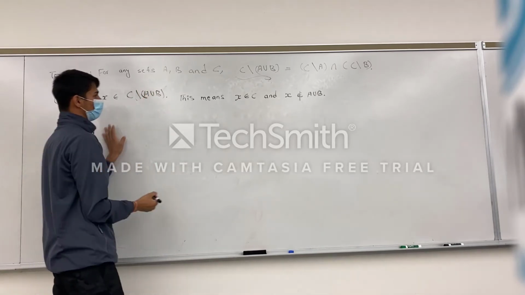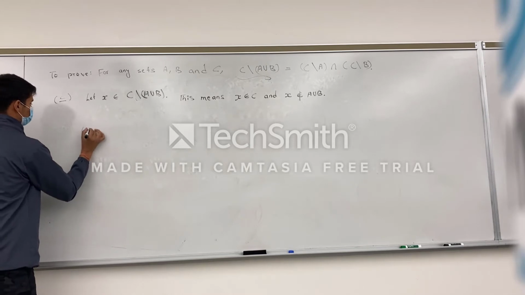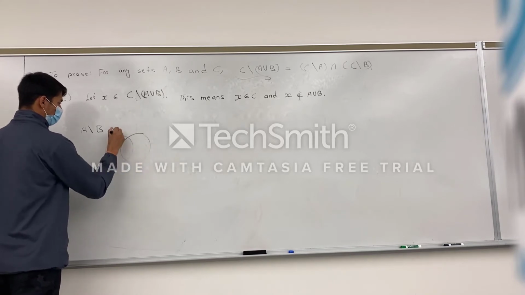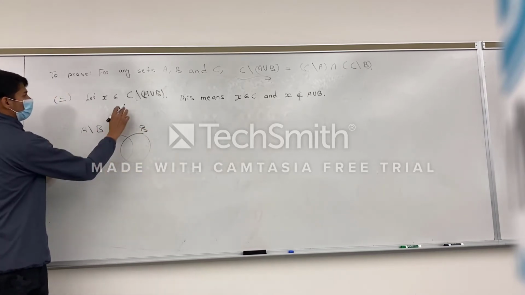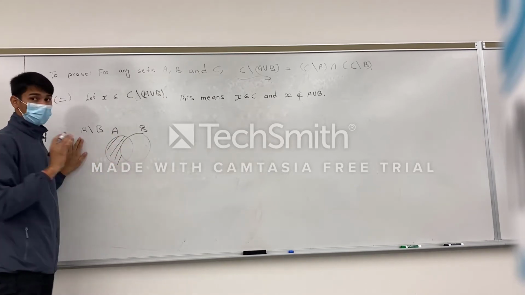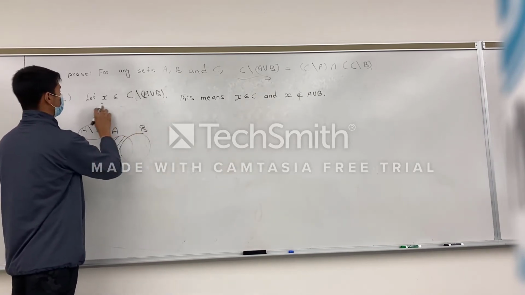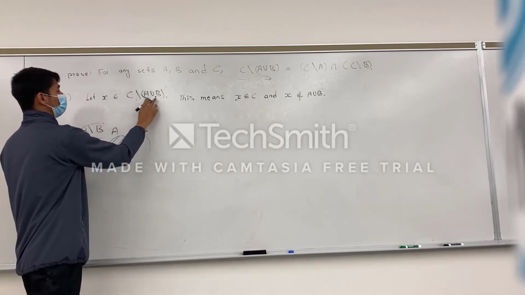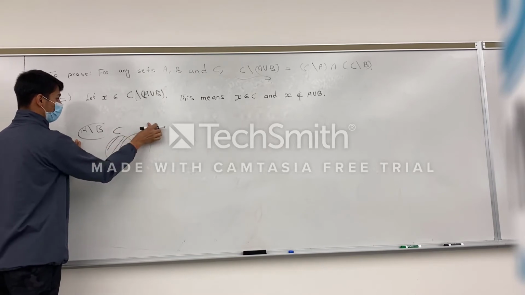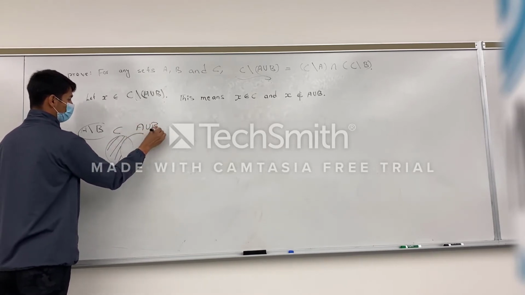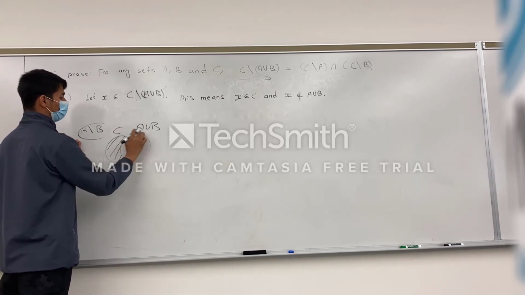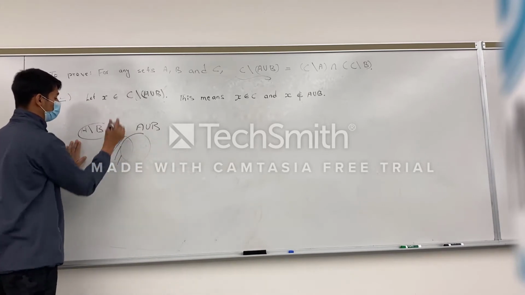If we have two sets A and B, then A set difference B means that we are talking about everything that is in A but not in B. So in this case, since X belongs to C set difference A union B, that means X belongs to C but it does not belong to A union B. If this first circle represents set C and this second circle represents A union B, then X only belongs to this side.